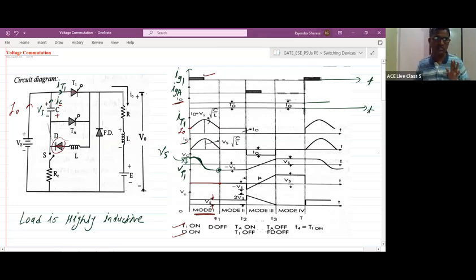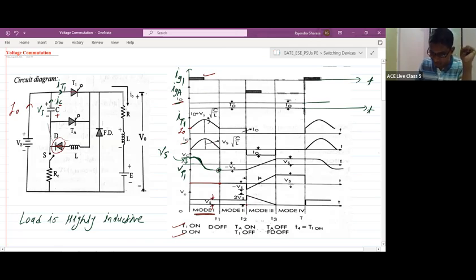Next, let us check mode 2. During mode 2, what will happen? We have not applied the gate signal to the auxiliary thyristor. We apply the gate signal to the auxiliary thyristor at the start of mode 3. So during mode 2, the auxiliary thyristor is in off state only.